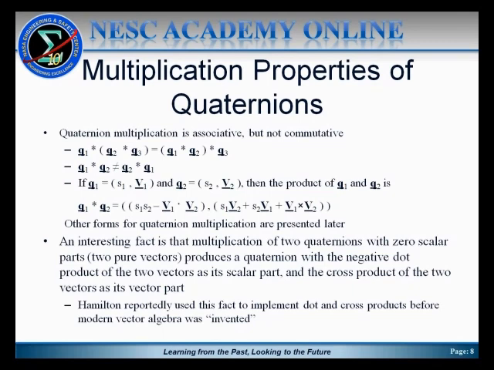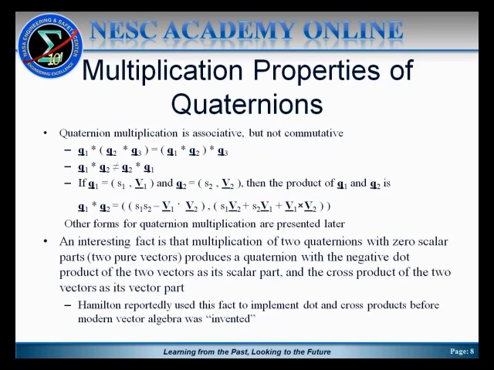Now, again, if we have 2 quaternions, Q1 and Q2, each of which has a scalar part S1 and S2, and a vector part V1 and V2, then the product of Q1 and Q2 can be expressed as shown there, where the scalar part of the product is the product of the two scalar parts of the two quaternions minus the dot product of the vector parts of those two quaternions.